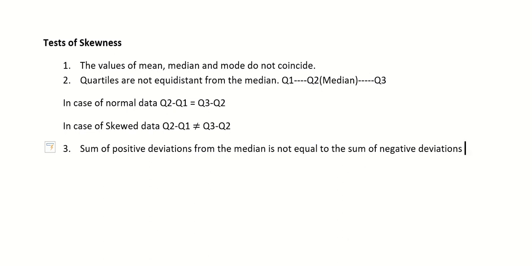So basically, what does it mean? We always try to calculate deviations. So how do we calculate deviation? Deviations are calculated like x minus mean. This is the formula to calculate deviation.